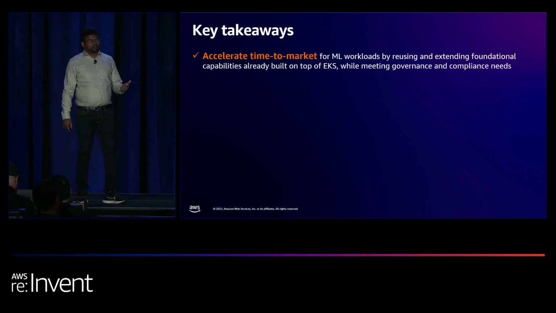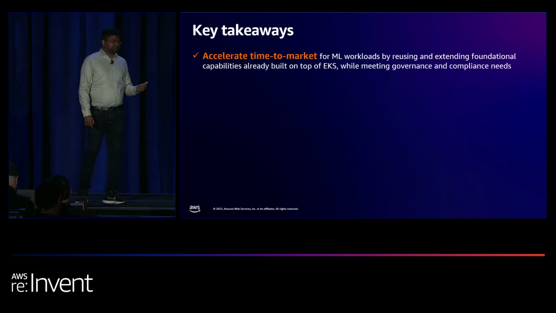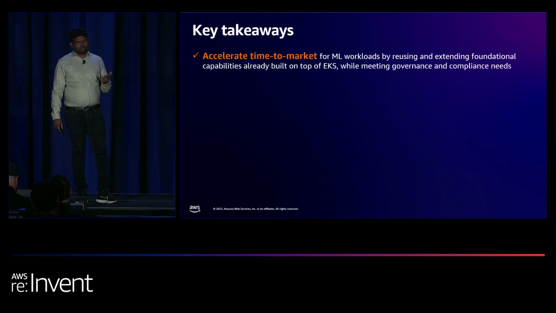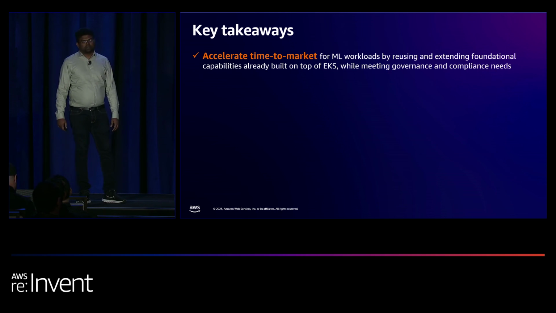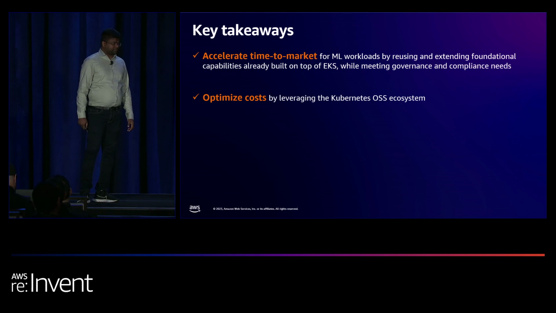market, because you're reusing a lot of capabilities that have been built into EKS, and you are able to abstract all of the infrastructure primitives, moving you away from managing those primitives and toward focusing on your own ML model development and delivering core business value at a faster rate.